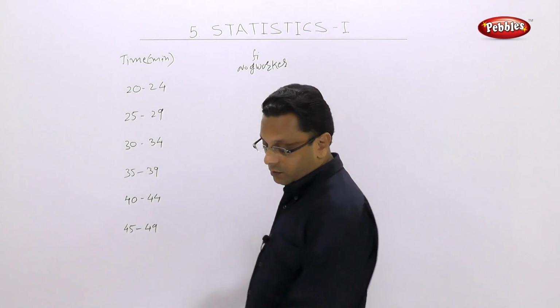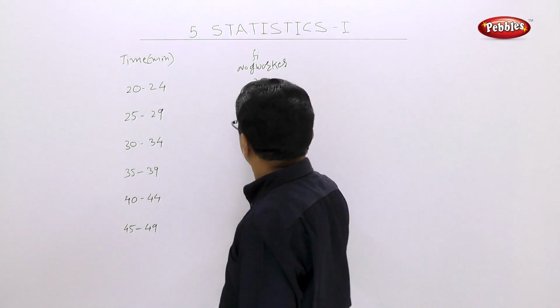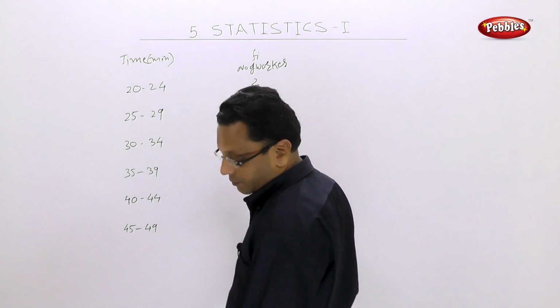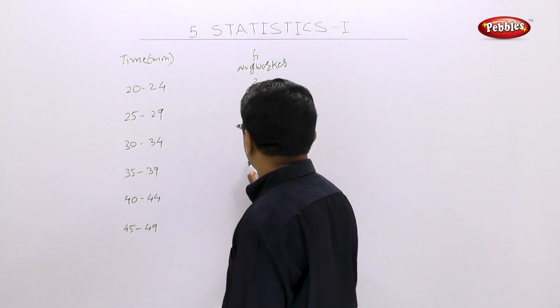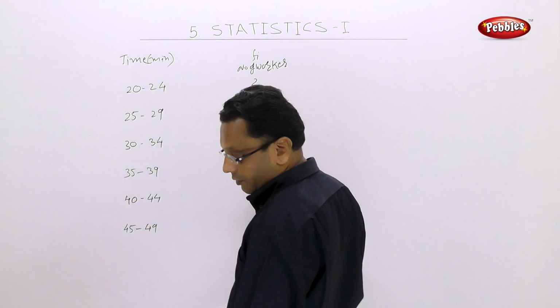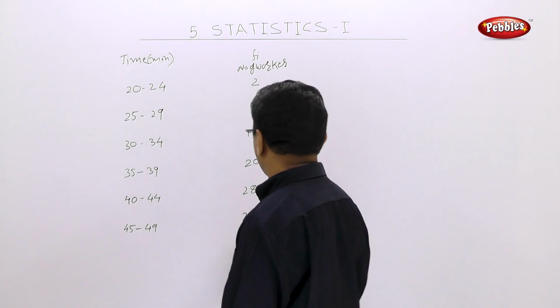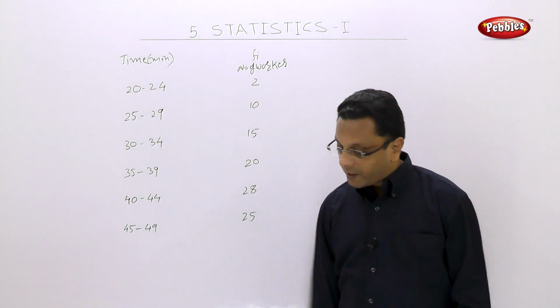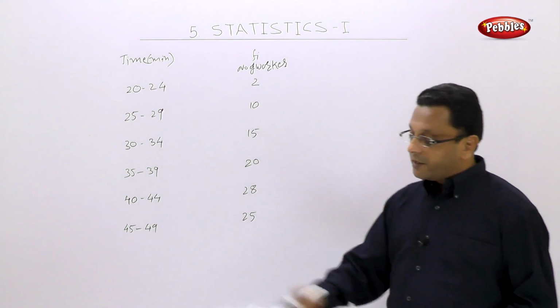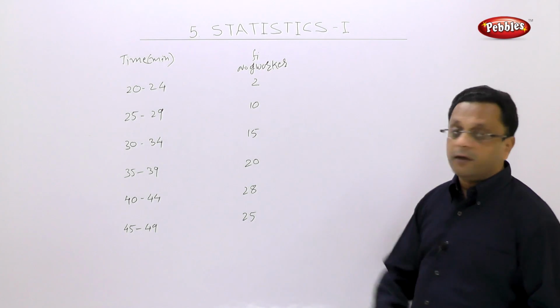The number of workers given are 2, 10, 15, 20, 28 and 25.